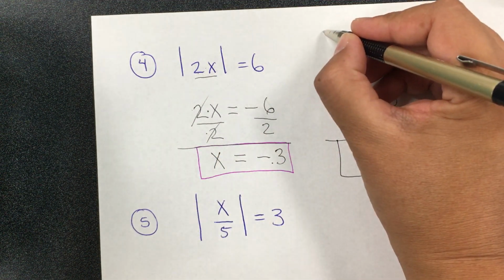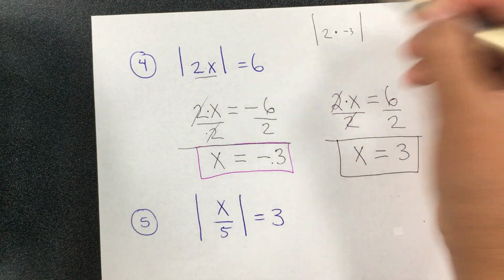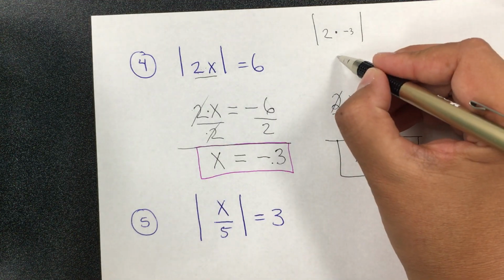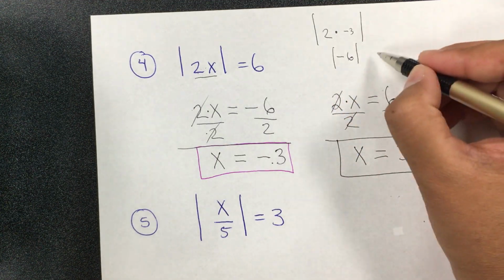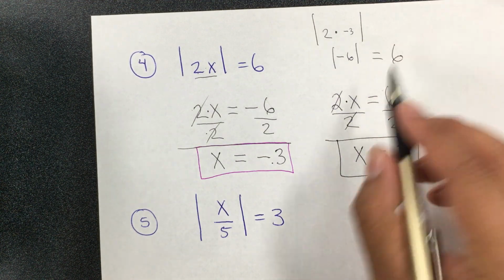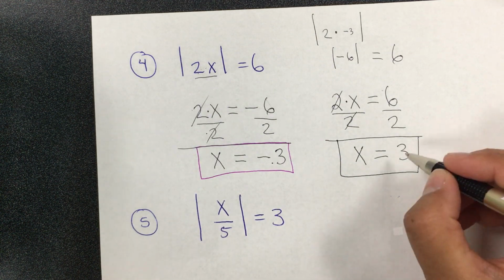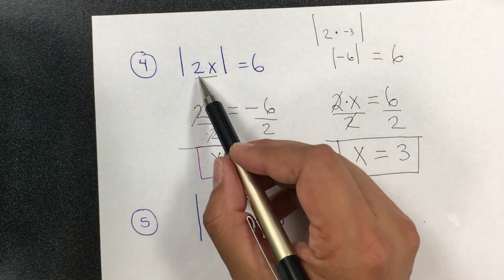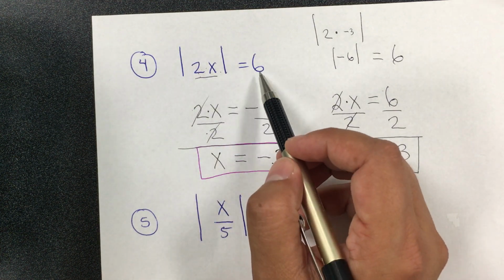Let me show it to you. So 2 times -3, but it's inside of the absolute value. 2 times -3, it's -6. But then we know that these magic sticks make it positive. And so we can see that it is the same. Now, if we substitute with the positive 3, 2 times 3 is 6. The absolute value of 6 is 6.